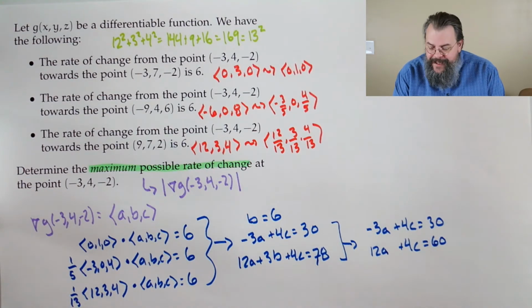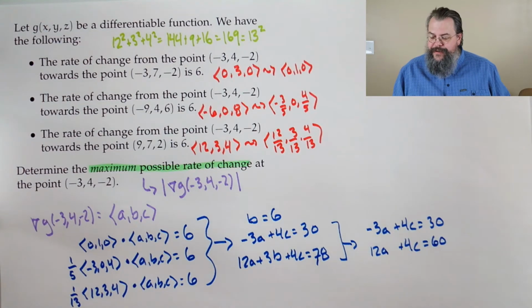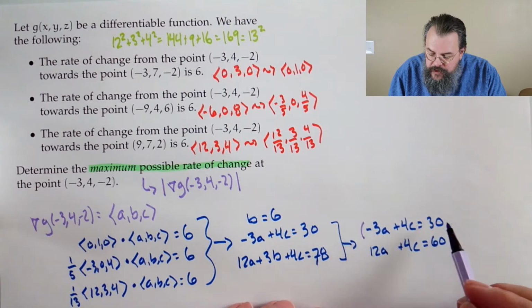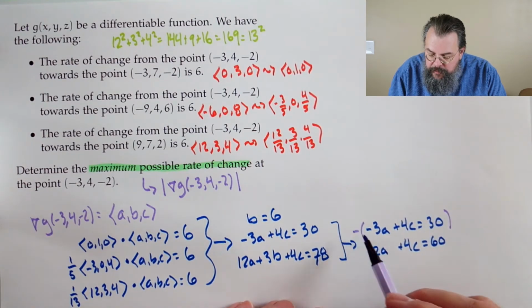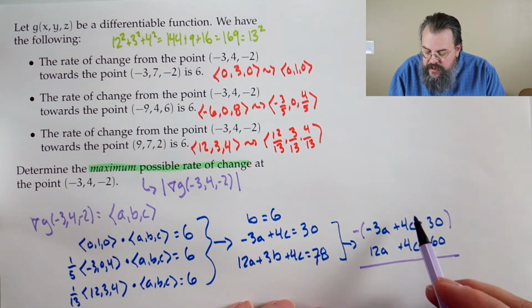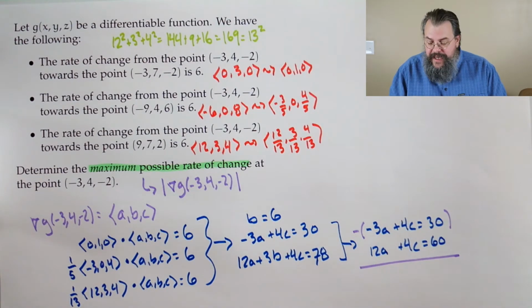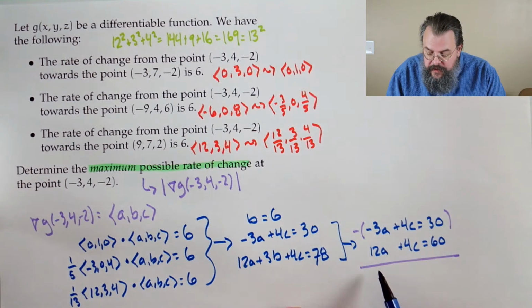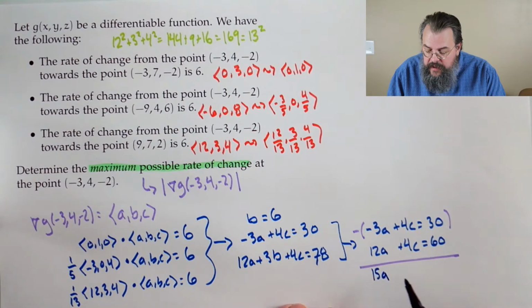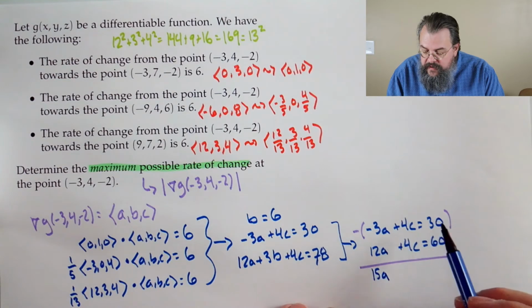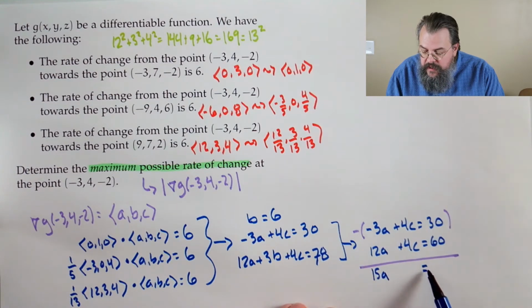All right, good. Now, 2 equations, 2 unknowns. Our favorite thing. We love 2 equations and 2 unknowns. And so, for instance, if you multiply the first equation, say by a minus, and add to the second equation, because you see the 4c's, they're just perfectly set up for us to actually get some nice cancellation. Minus minus makes a plus, so we'll get 15 times a, cancellation there. 30 times minus, that's minus 30 plus 60.